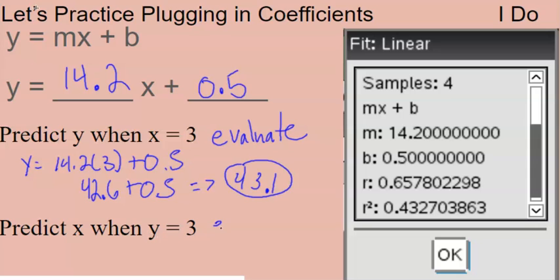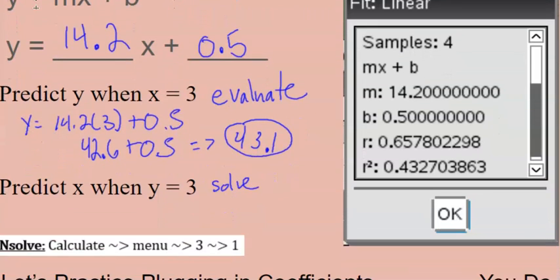Now predict x when y equals 3. This time you're going to solve. So we have 3 equals 14.2x plus 0.5. Subtract the 0.5 from each side.